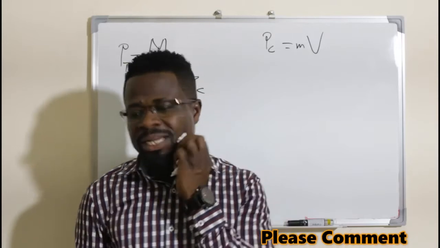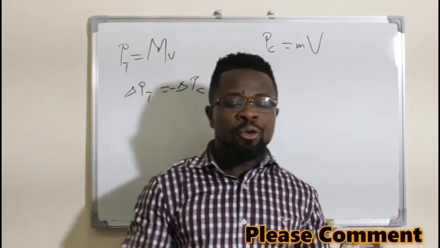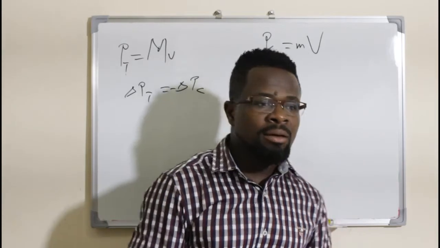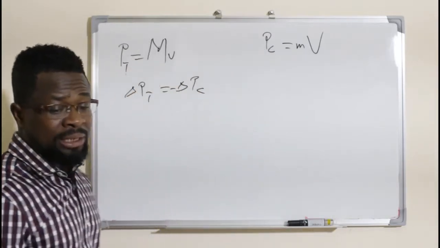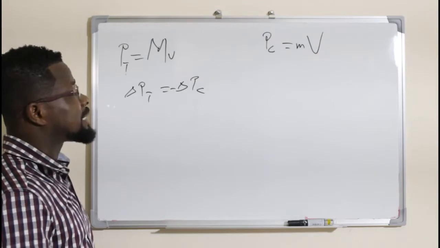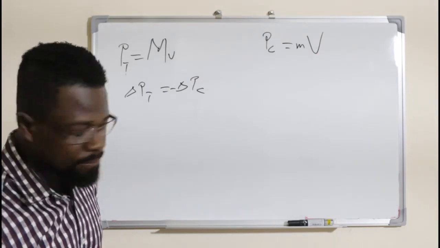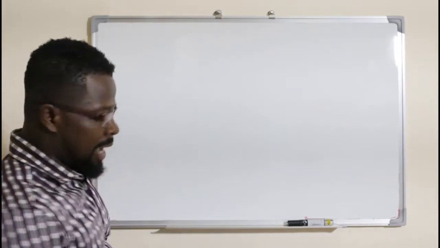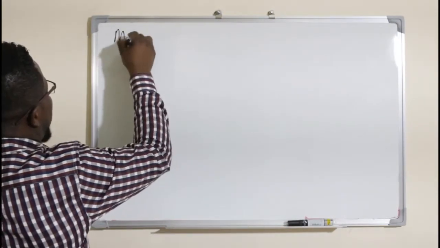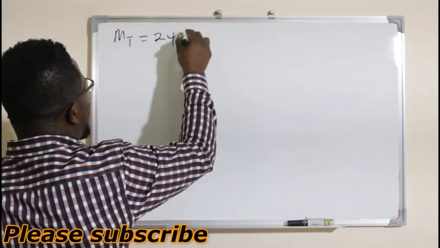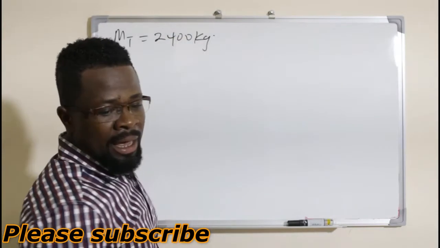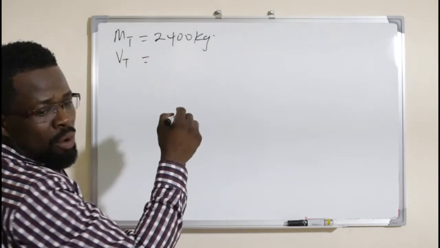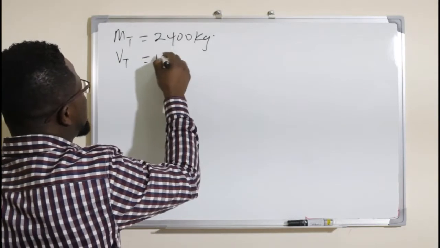Alright, let's look at this. We can prove this mathematically. So let's try and see. Remember that according to this question, the mass of the track is given to us as 2,400 kg, and it was moving with an initial velocity of 10 meters per second.